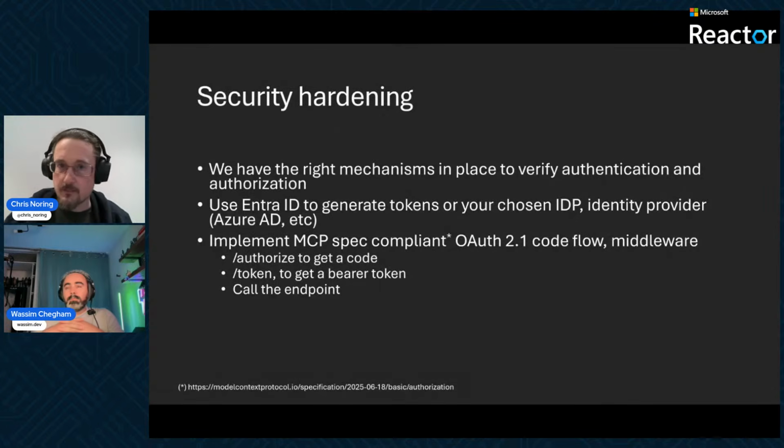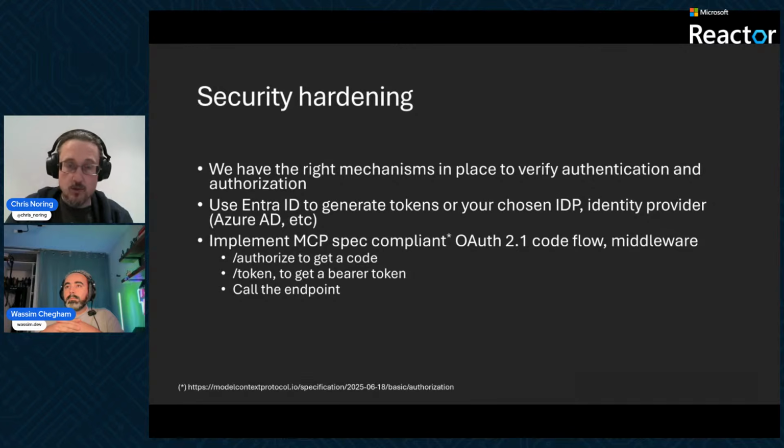If you don't know what that means, at a mile high level, it means that the first time you do anything, you call an authorized endpoint, which could be Entra or whatever IDP you're using, and you should be led into a login page. Once you log in, you should receive a code, and then you can exchange that code for an actual bearer token.